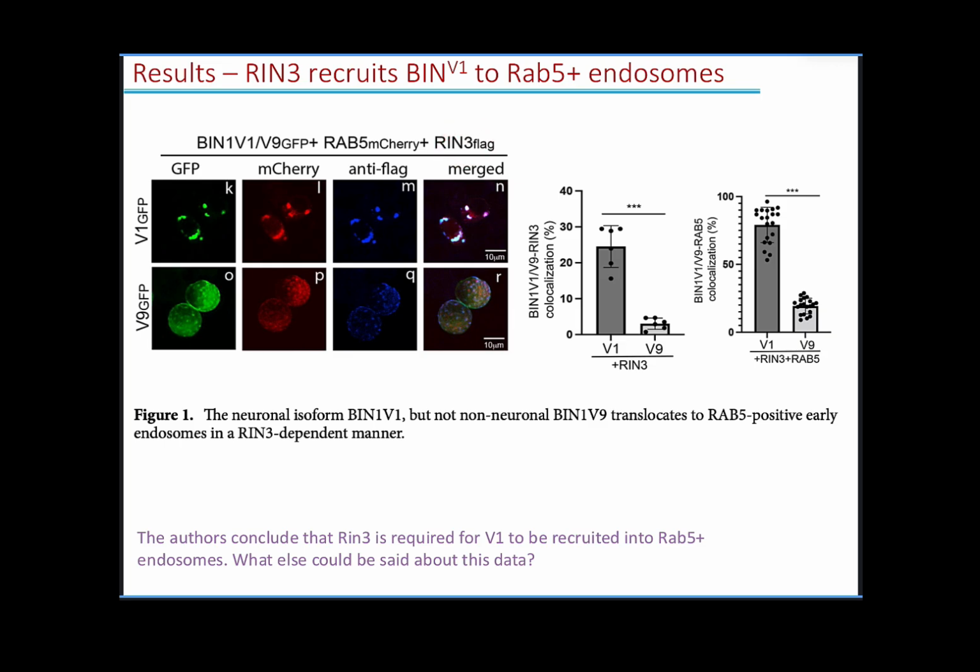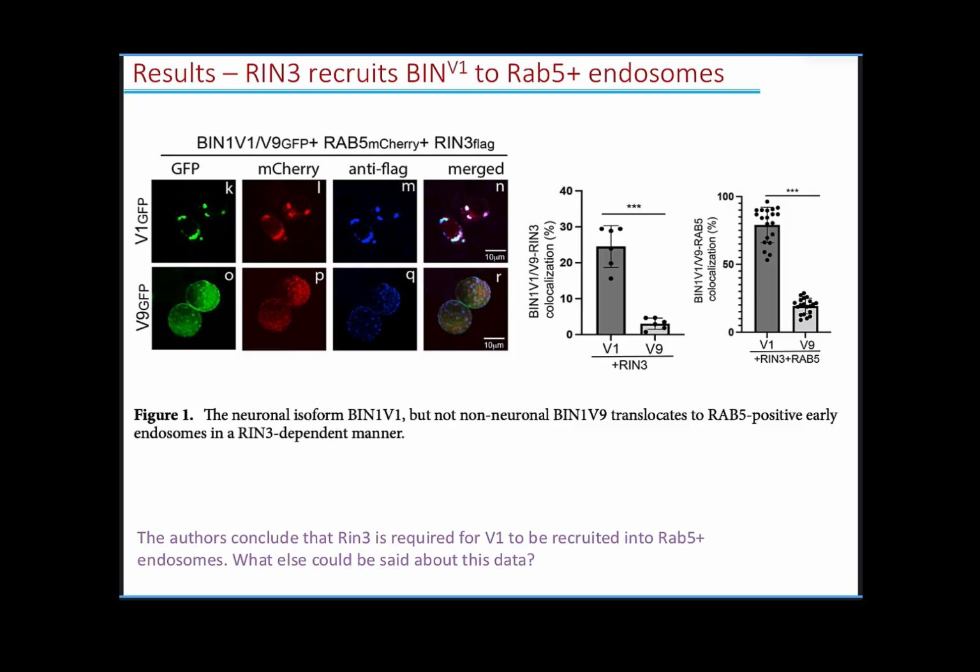overexpressed in these cells a Rin3 protein that was tagged with, it sounds like a joke, but it was tagged with tag, or actually flag. Flag is one of the common tags that researchers can associate to proteins. So there's flag, MYC, HIS, V5, cherry, GFP, all of these things that you can associate to proteins so that you can follow them around.